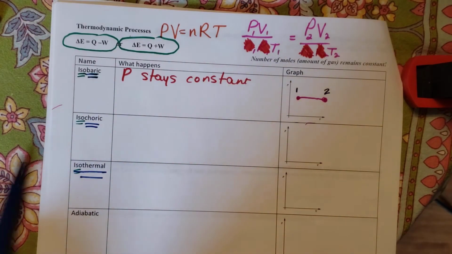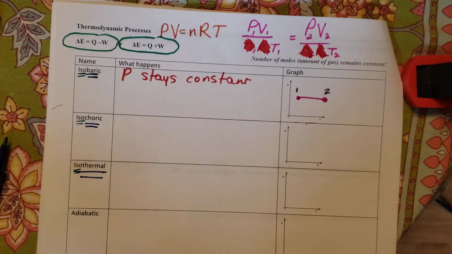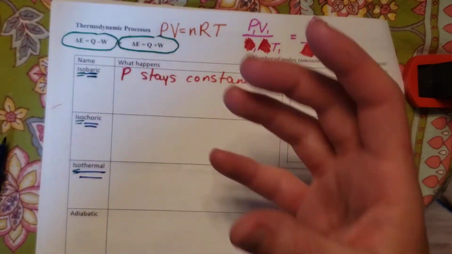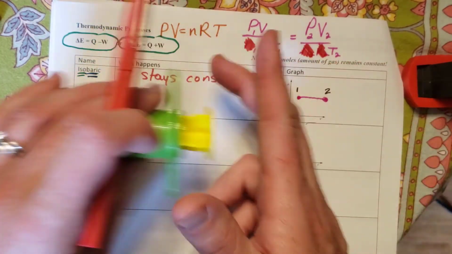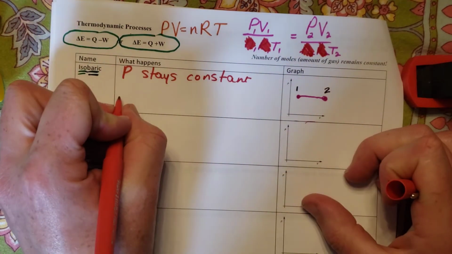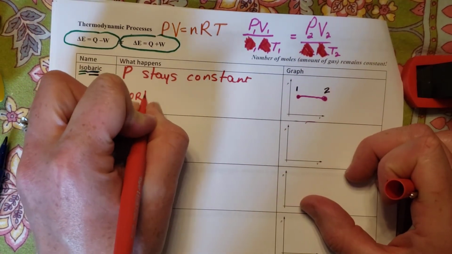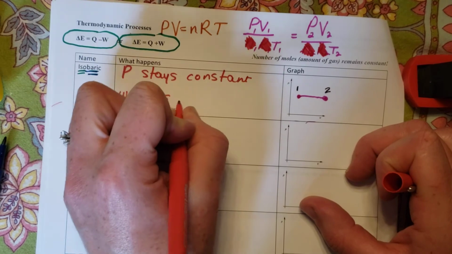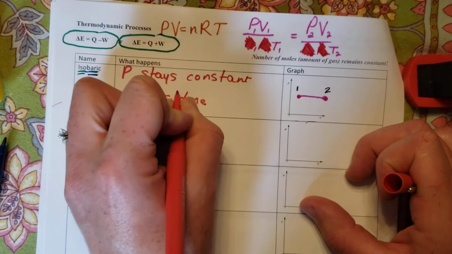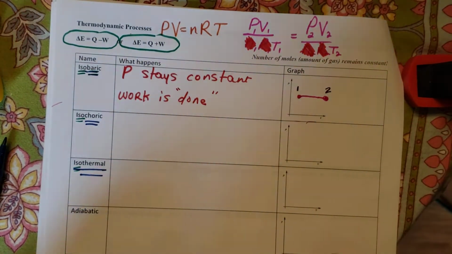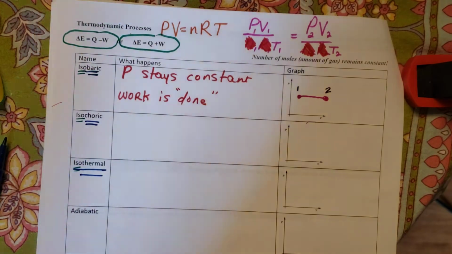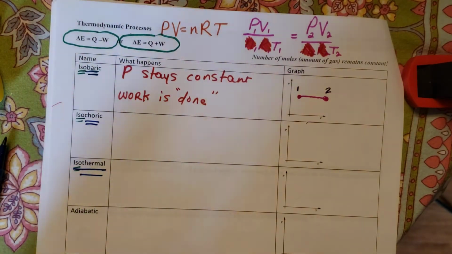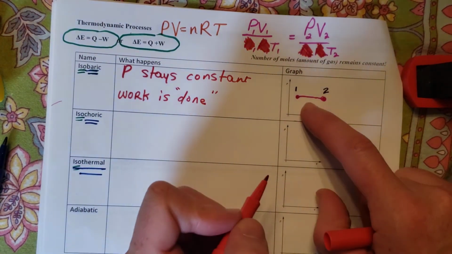So visiting back over to this page, when we talk about isobaric situations, that means work is being done. Work is done in order to change the volume, but have the pressure remain the same. The real question is whether the work is being done by the gas or on the gas, and that will be left to our information.